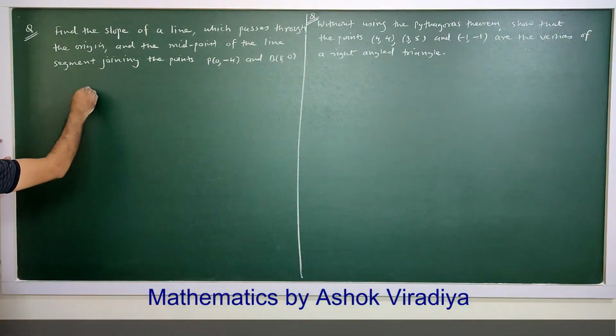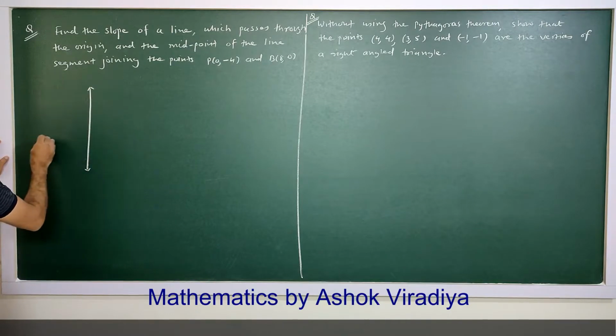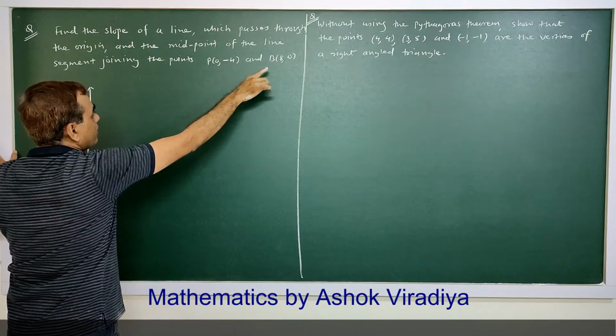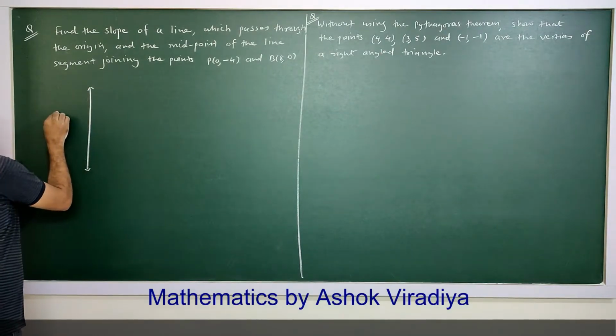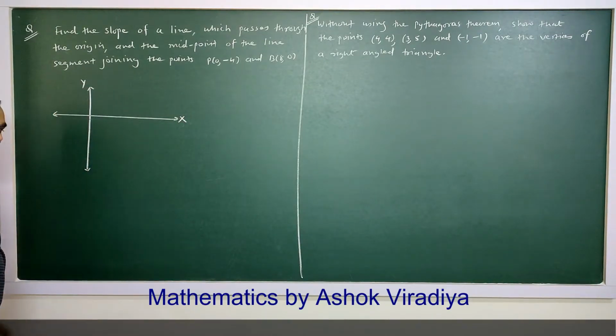If we show these points in a diagram, this point is on the y-axis, this point is on the x-axis.